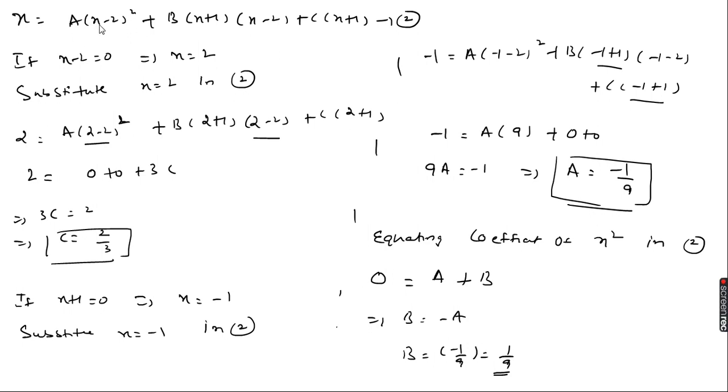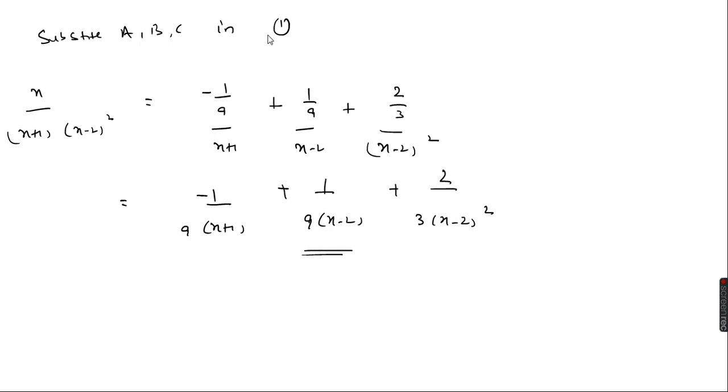Expanding 2, we get a plus b equal to 0, from that b equal to 1 by 9, and we substitute this a, b, c in 1. Finally we get minus 1 by 9 into (x plus 1) plus 1 by 9 into (x minus 2) plus 2 by 3 into (x minus 2) whole square.